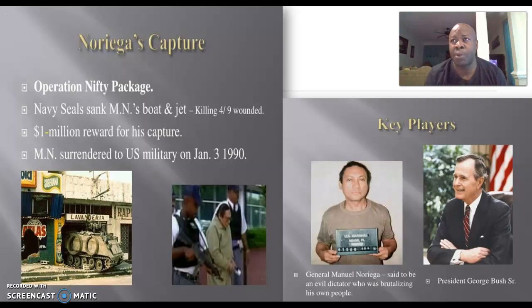The U.S. came up with a plan with some of the members of the PDF, the Panamanian Defense Force, to help capture Noriega. In some sense, it was almost like the plan that the U.S. did with the Cubans at the Bay of Pigs.